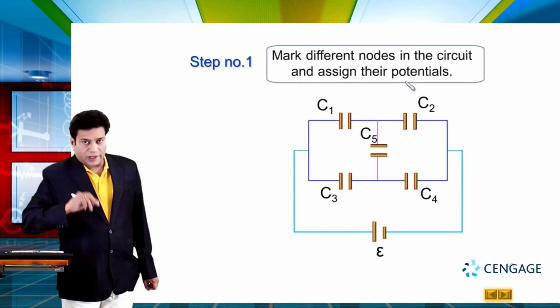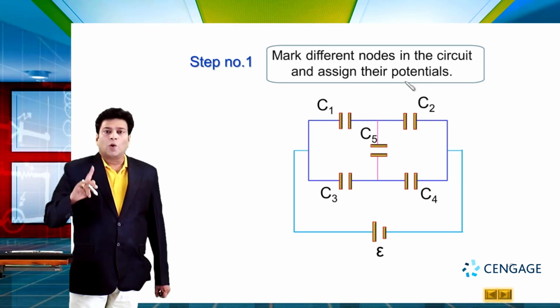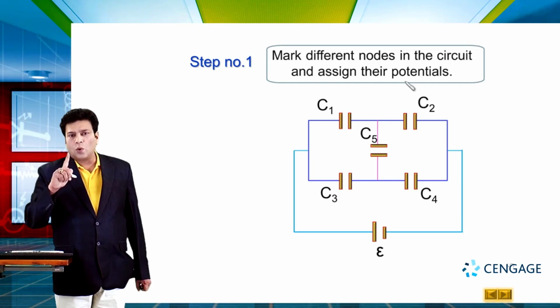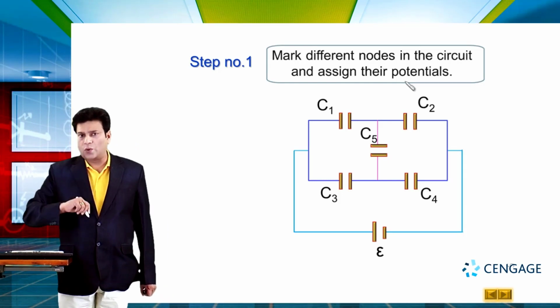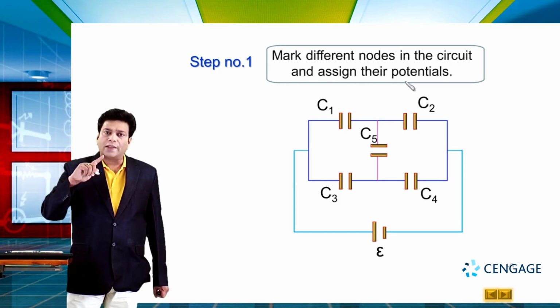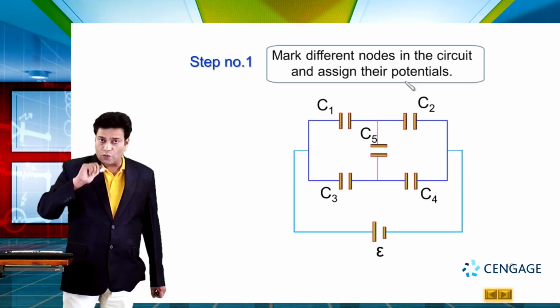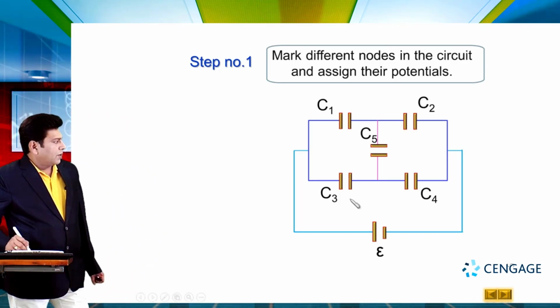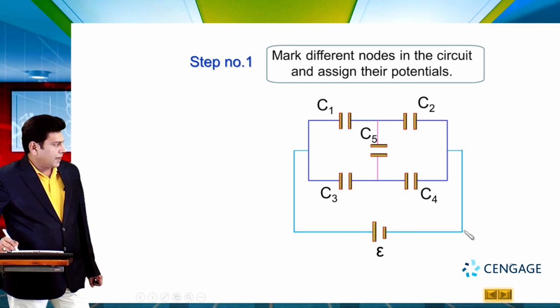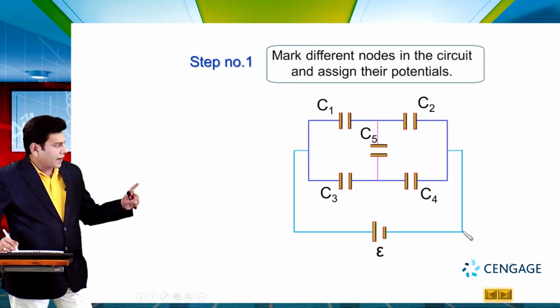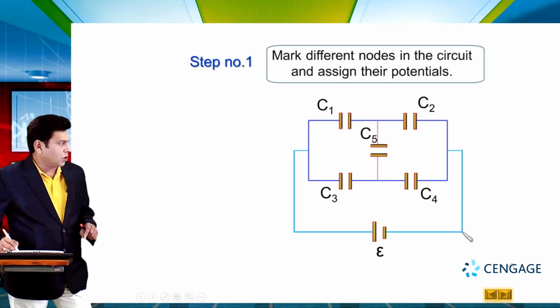Here we need to do one thing. As we discussed, we need to assign one node as a reference node and write that reference node as 0 volt. So it will be easy to make this point the reference node and write the potential of this node as 0 volt.